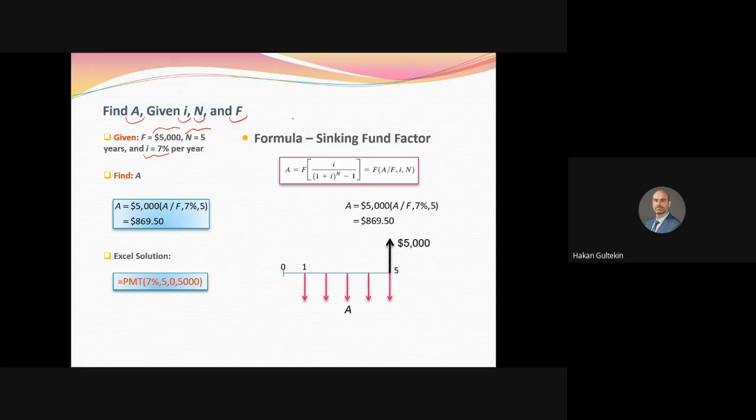By the way, this factor is sometimes named the sinking fund factor. Each of these factors is given a name in economics, and this factor is called a sinking fund factor.